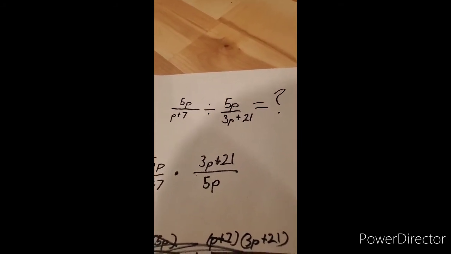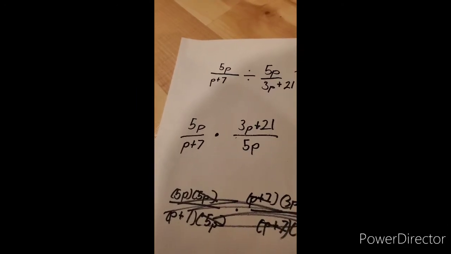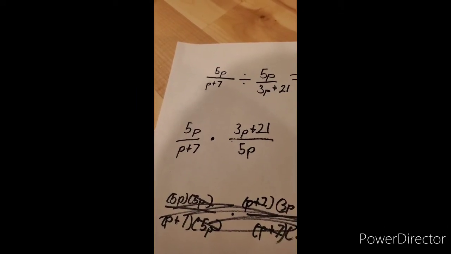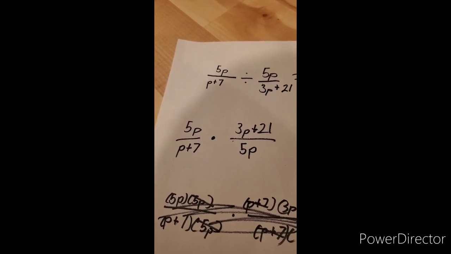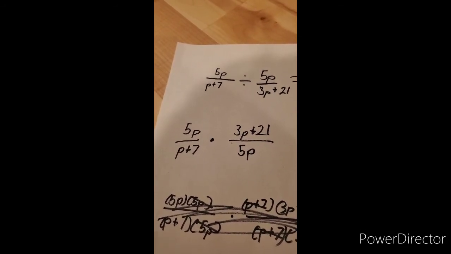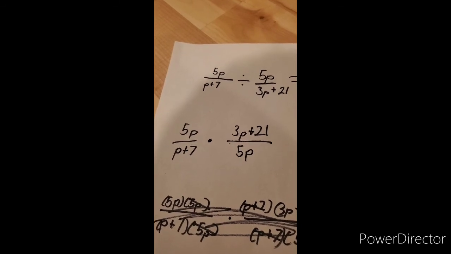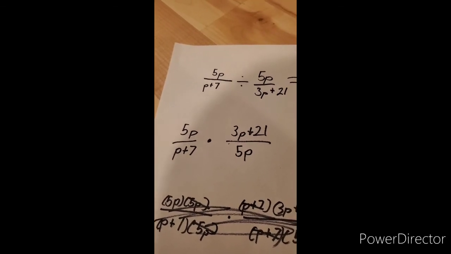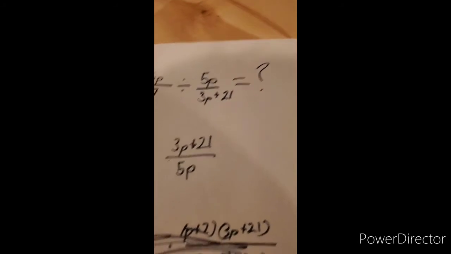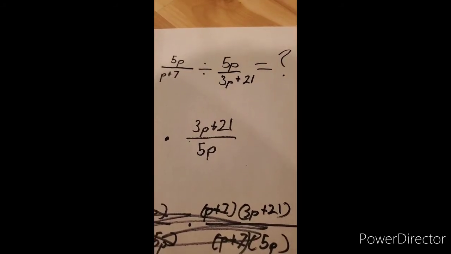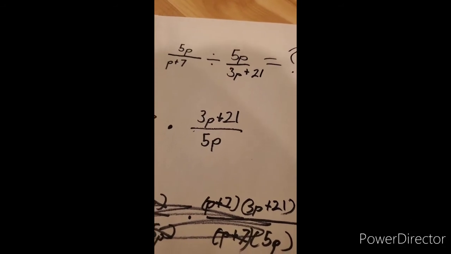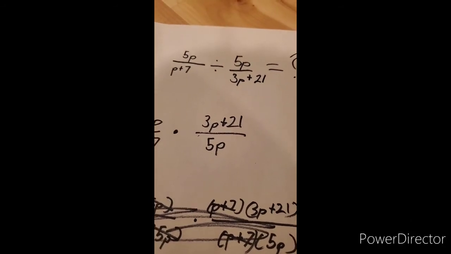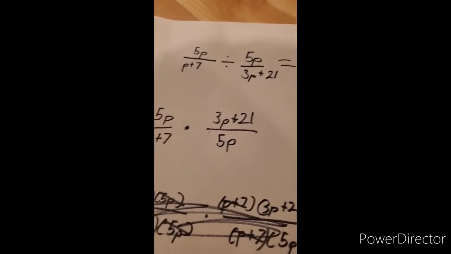You keep the original fraction, 5p over p plus 7, and then you switch the dividing into multiplying, using the same steps there, but with the twist of flipping over the denominator and the numerator of the last fraction. And in this case, it's now 3p plus 21 over 5p.